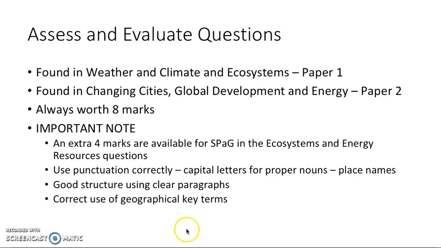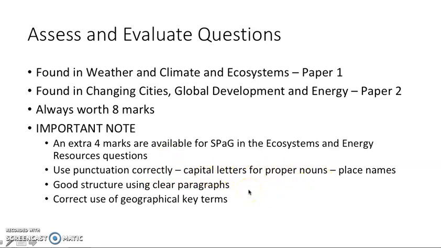They'll also be found in changing cities, global development and energy. But as I've said before, they're always worth 8 marks, but for the ecosystems and energy resources, there are 4 extra marks available for your spelling, punctuation and grammar. So use your punctuation correctly. Remember capital letters for proper nouns such as place names.